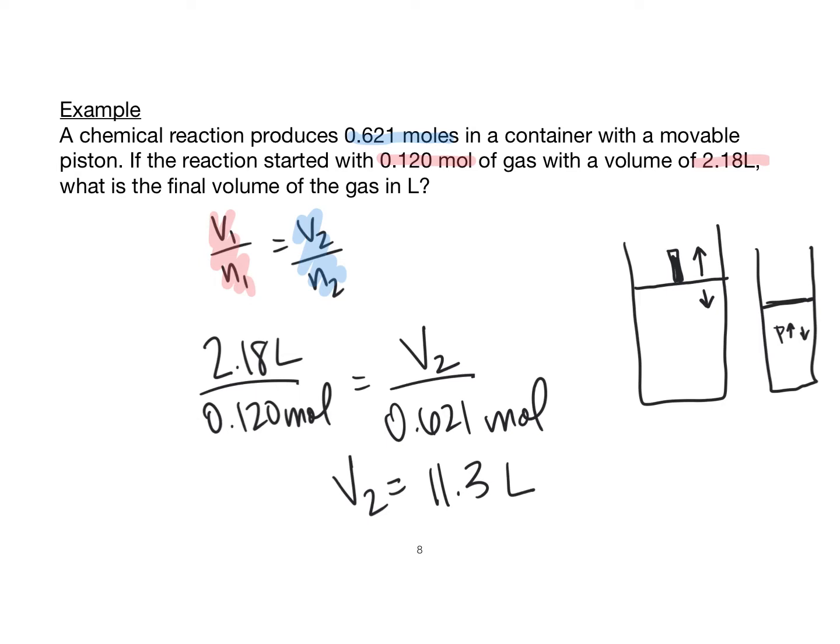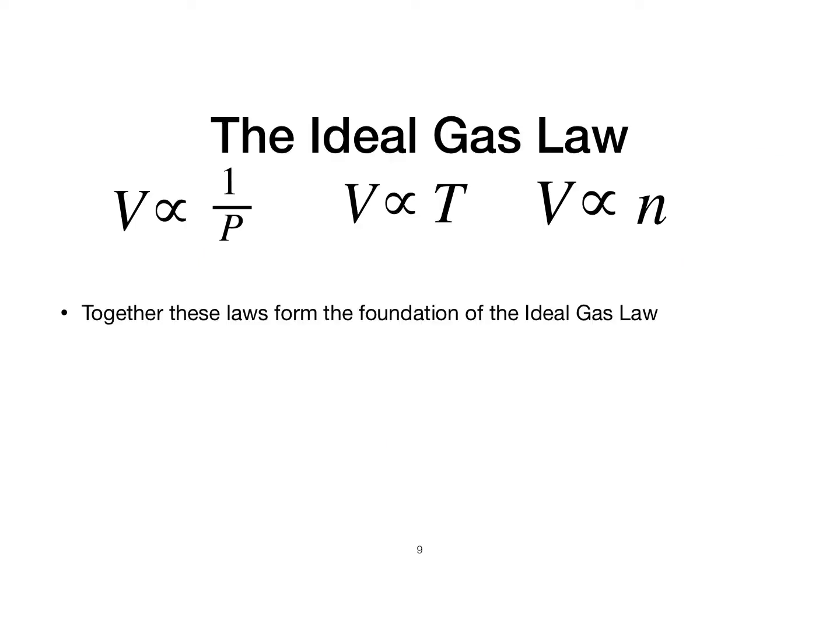So when we look at all of these, we can start to ask ourselves, what does all of this tell us about gases? Together, we know that volume is proportional to the inverse of pressure, the volume is proportional to temperature and proportional to moles. So we can start to think about these as saying pressure times volume equals a constant.